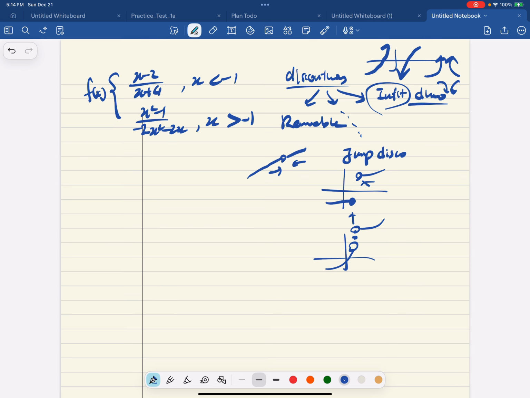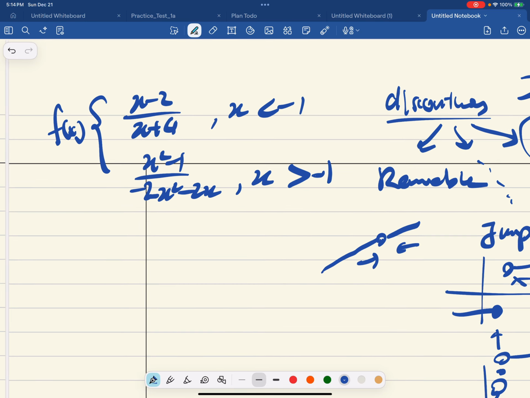As soon as there is an infinity, which is a vertical asymptote, a constant over 0, dividing by a very small number, or just dividing by 0, will give you a vertical asymptote, and that's the same idea as the limit becoming positive or negative infinity. That's when there is an infinite discontinuity.